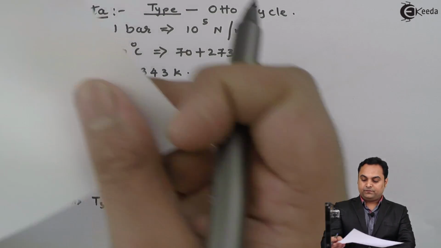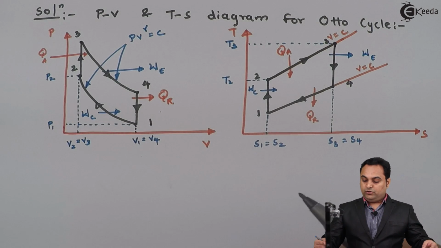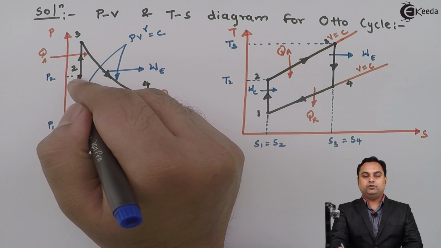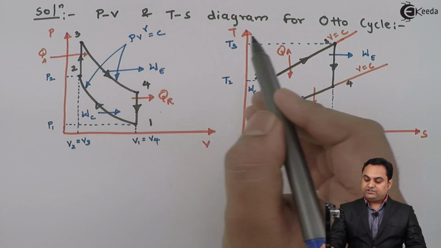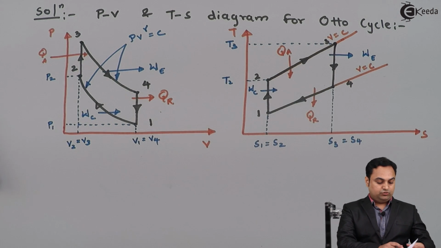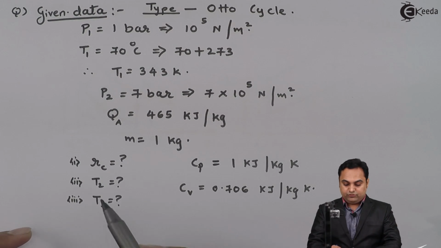And then the third question is the temperature at the end of heat addition. Heat addition at constant volume starts at point number 2 and finishes at point number 3, so we have to calculate the value of T3. So here we have understood how many unknowns there are and what we have to calculate.